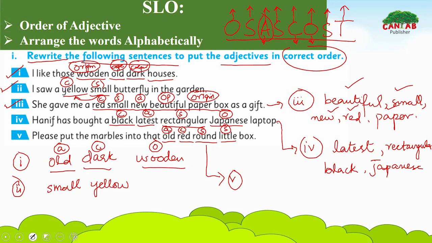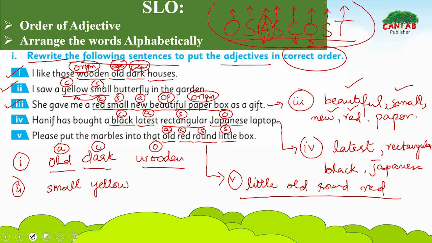Little comes first, because size is first. Then old, age. Then round. And then red. This is the correct sequence if you follow the correct order of adjectives.